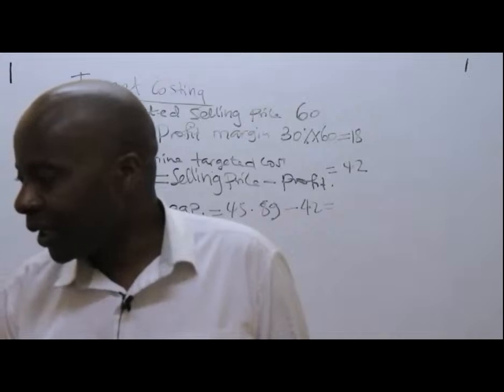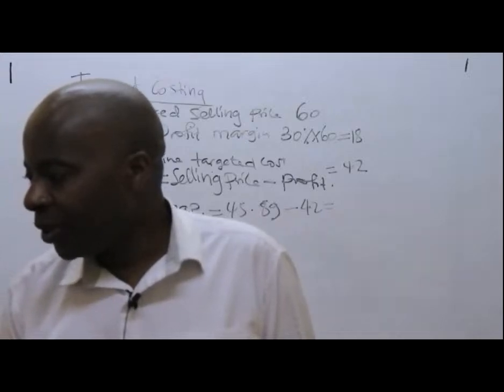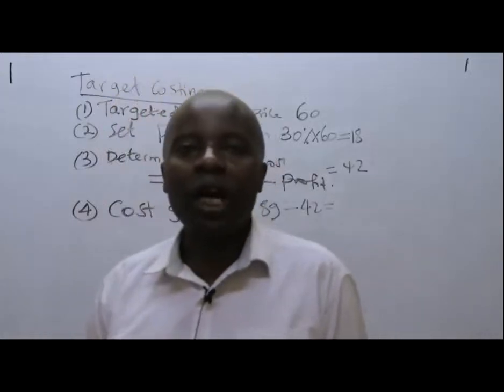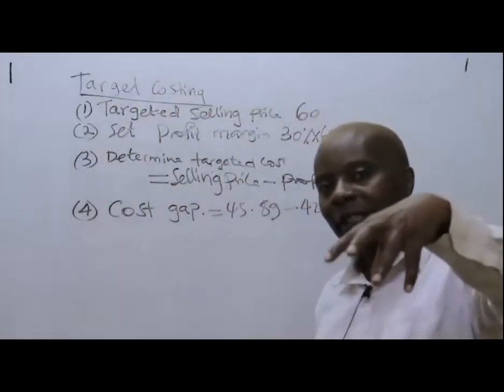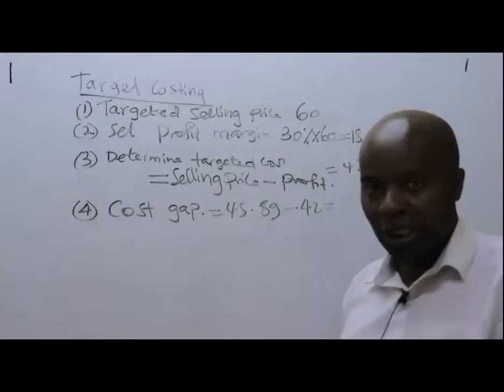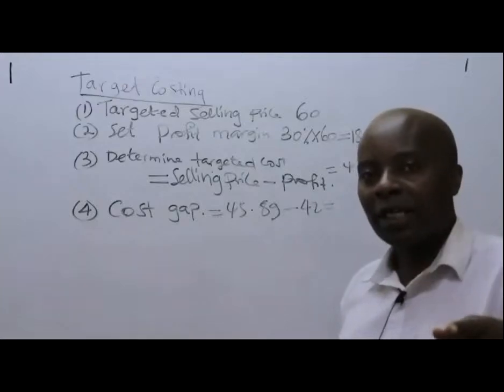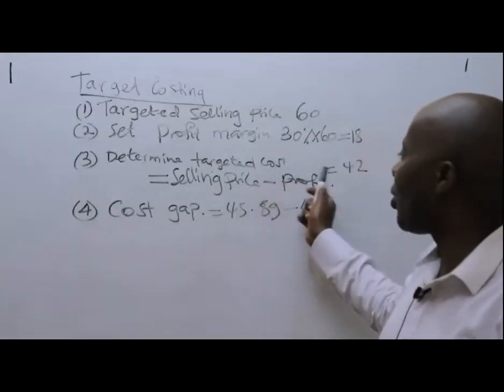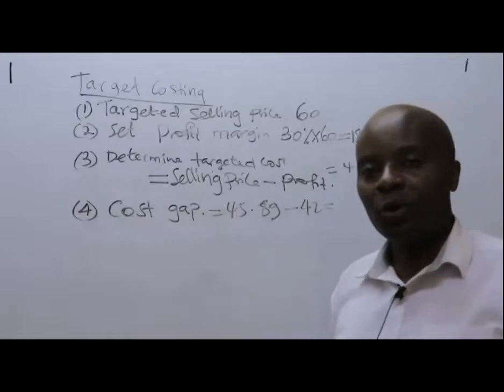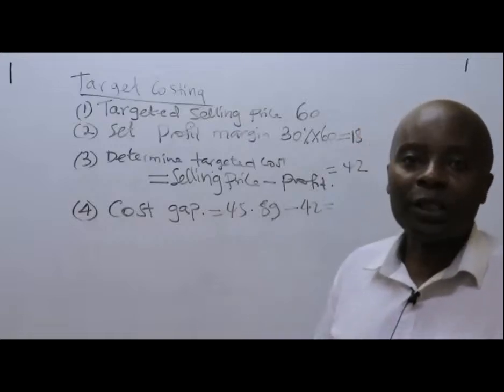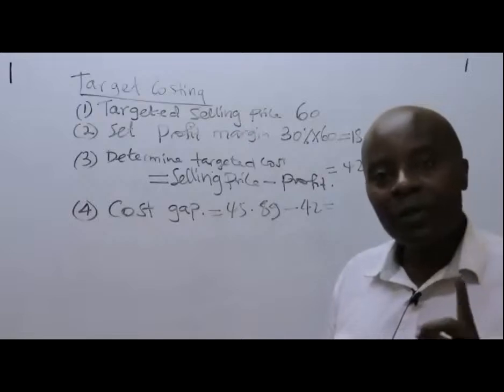So how do we get the gap? To get the cost gap, you take the manufacturing cost, all those costs associated with producing the product, minus the targeted cost. Cost gap is not a nice thing.